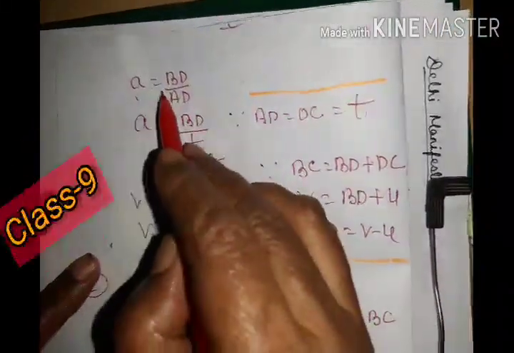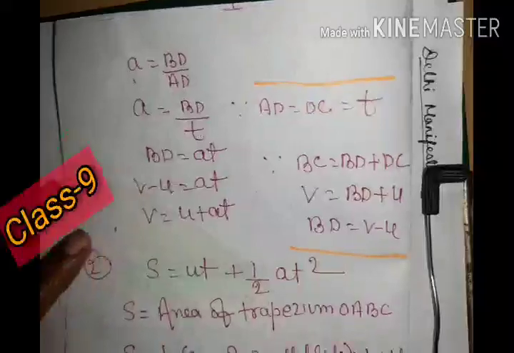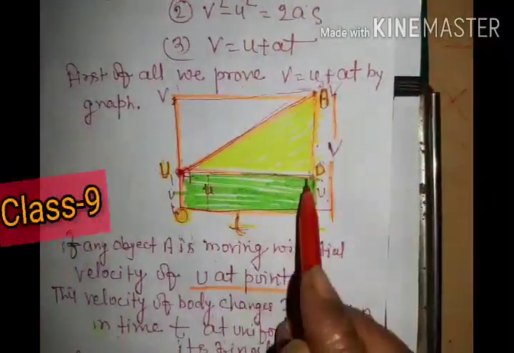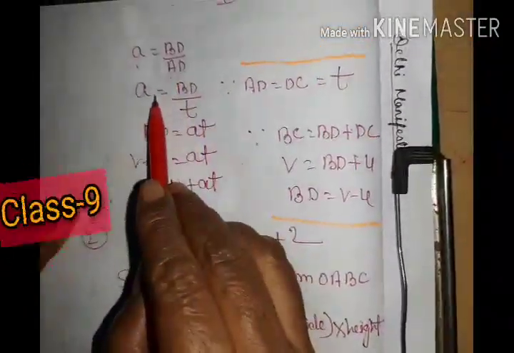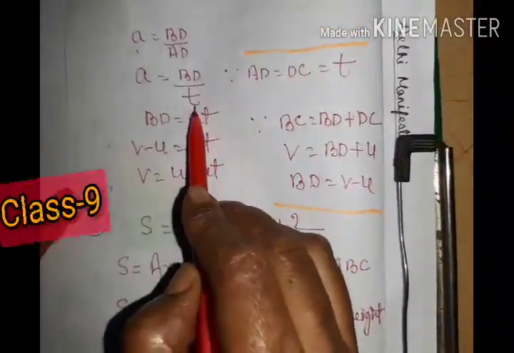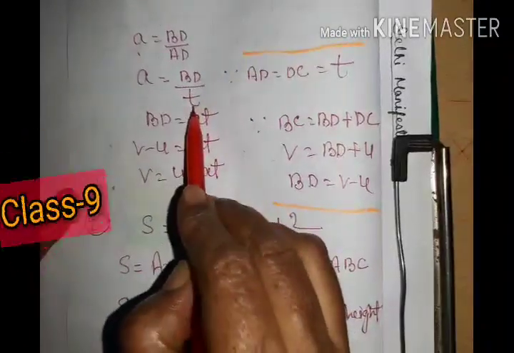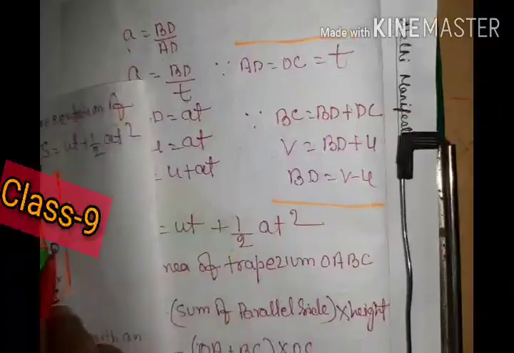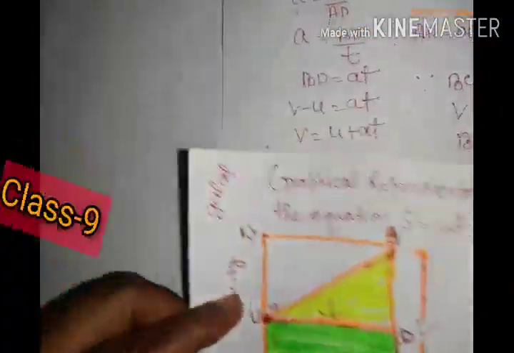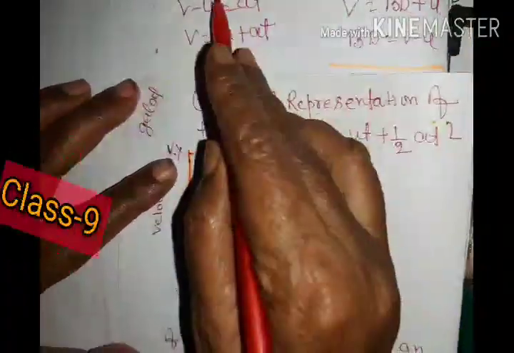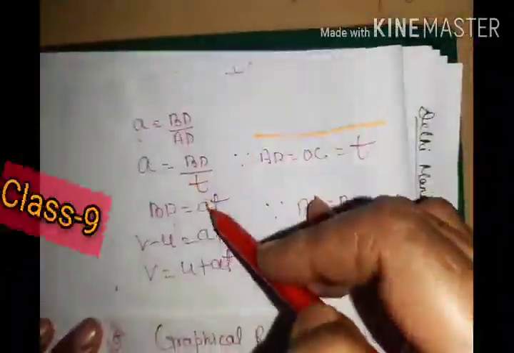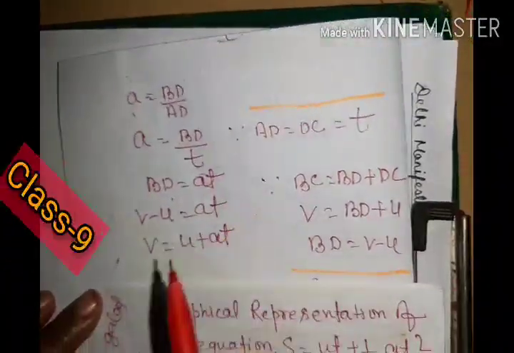So a is equal to BD by AD, and AD is t, so a is equal to BD by t. Multiply a into t, so BD is equal to at.